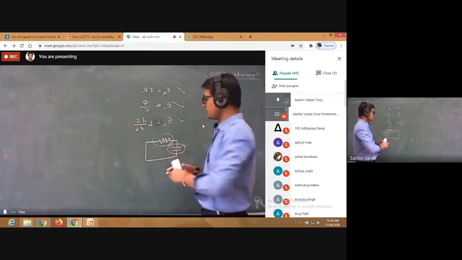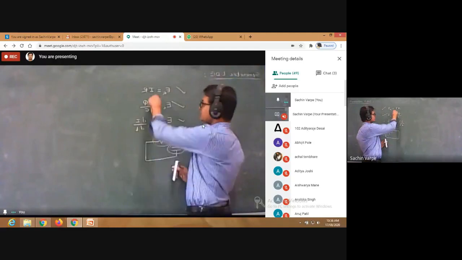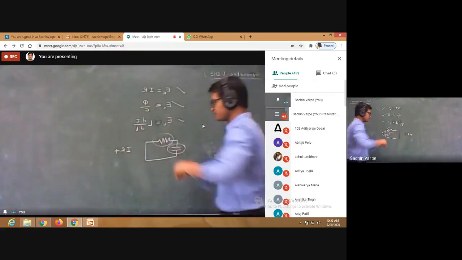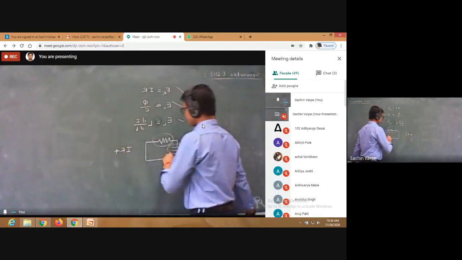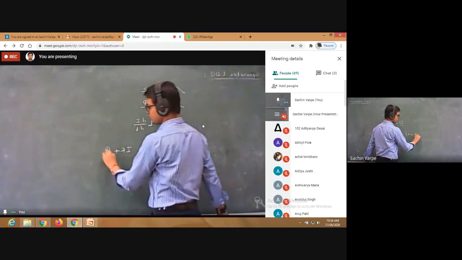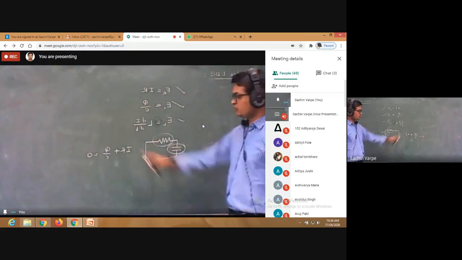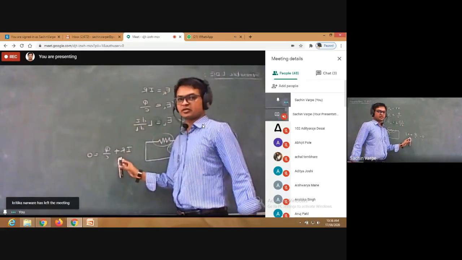Since we have only two, the voltage drop across the resistor is IR, and across the capacitor is Q by C. So IR plus Q by C is equal to 0, because there is no electromotive force.